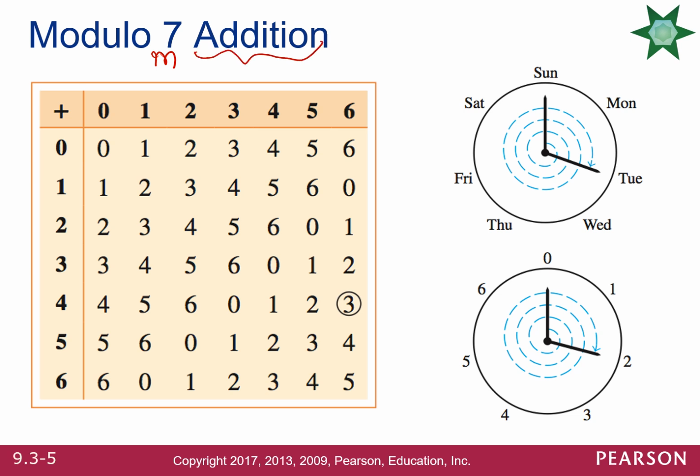So the binary operation would be addition, subtraction, multiplication, and so on. All right, so here m is 7 in a modulo 7 system, and the operation that we are talking about is an addition.